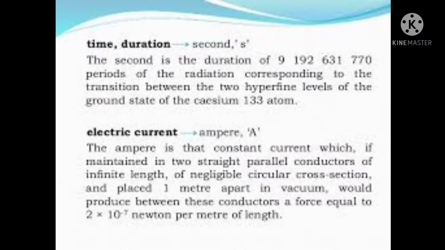Electric current. The base unit of electric current is ampere, and it is represented by capital letter A. It is defined as the magnitude of the current that, when flowing through each of two long parallel wires of length equal to 1 meter, separated by 1 meter in free space, results in a force of 2 into 10 raised to minus 7 Newton between the two wires.